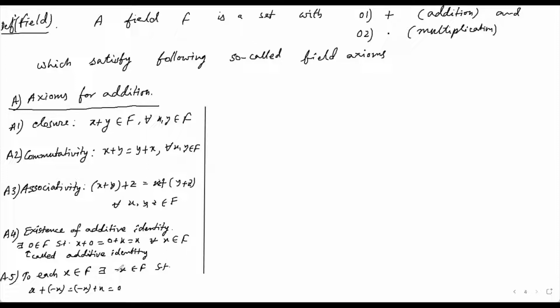And minus x is called the additive inverse of x. So these are 5 axioms for addition. And next set of axioms, these are multiplicative: axioms for multiplication.